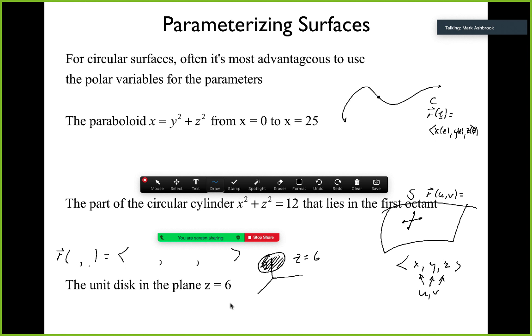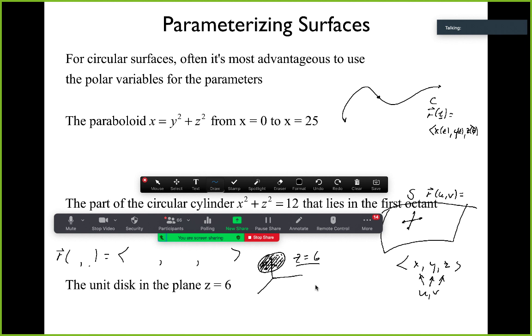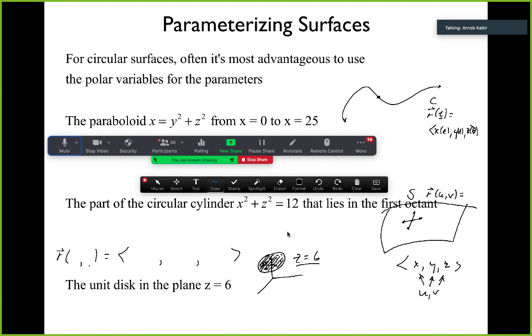What two variables are the most natural pick to write every point in this disk at z equals 6? Would it be r and theta?